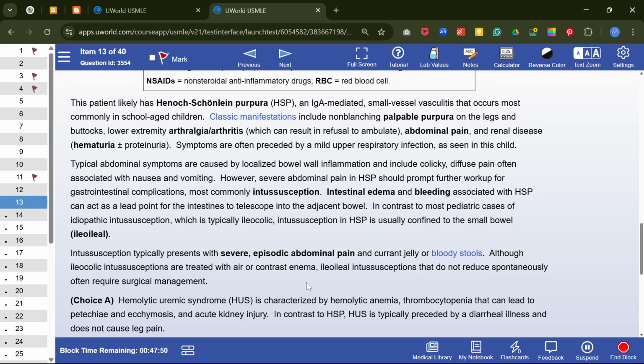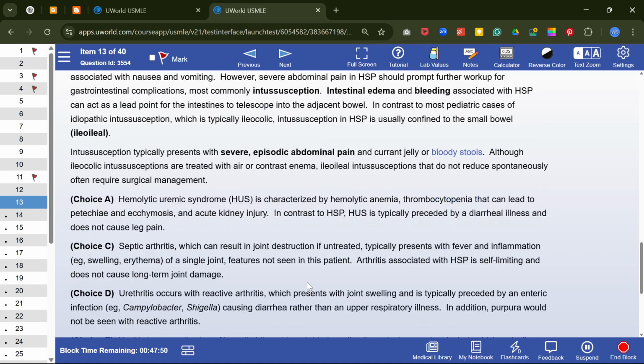Intussusception typically presents with severe episodic abdominal pain and currant jelly or bloody stool. Although ileocolic intussusceptions are treated with air or contrast enema, ileoileal intussusceptions that do not reduce spontaneously often require surgical management.